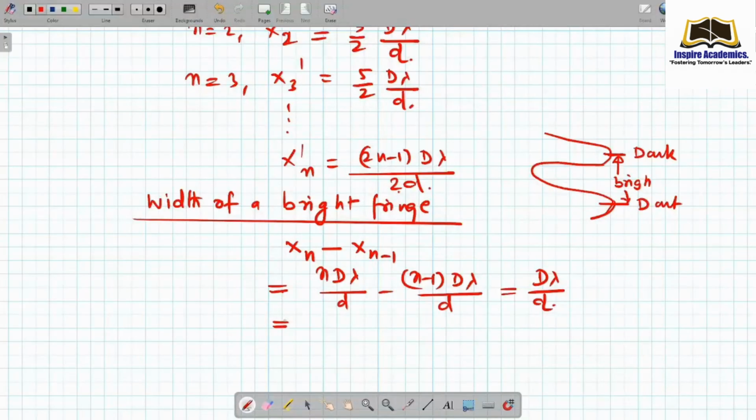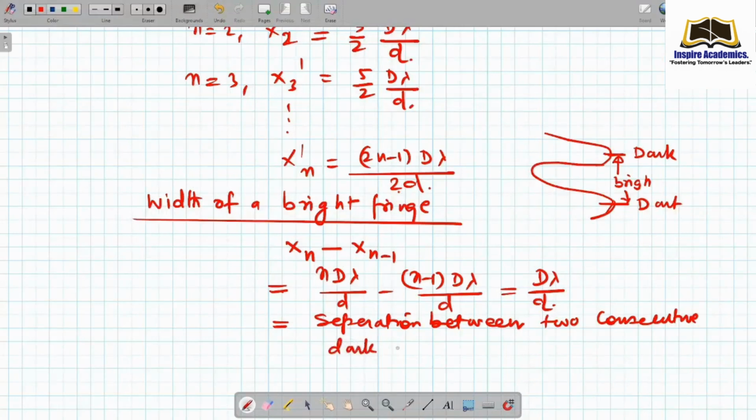This is nothing but separation between two consecutive dark fringe.